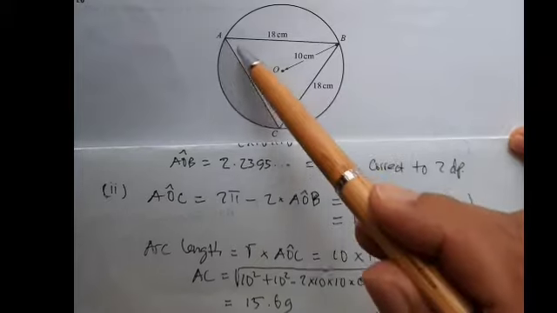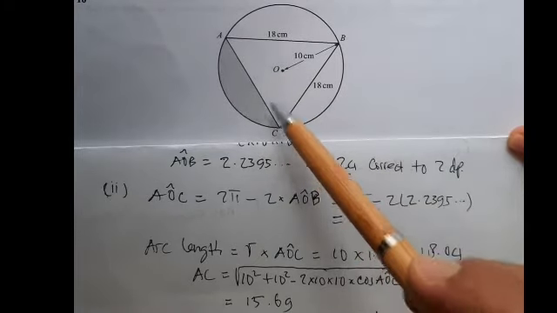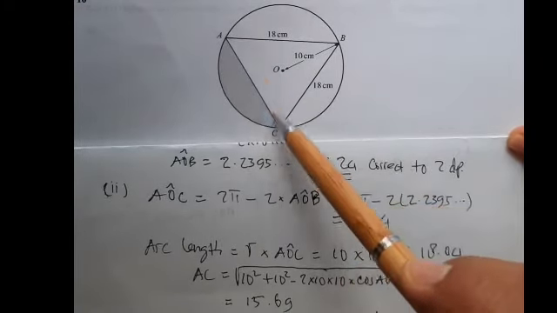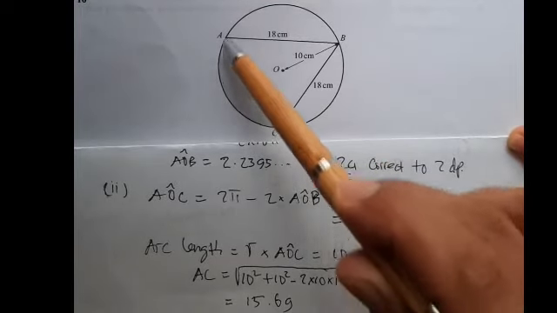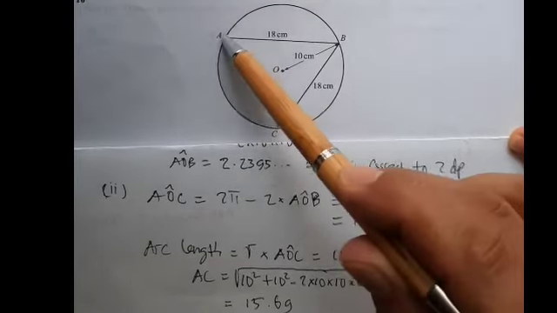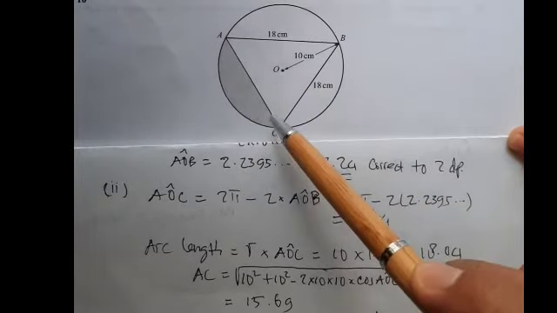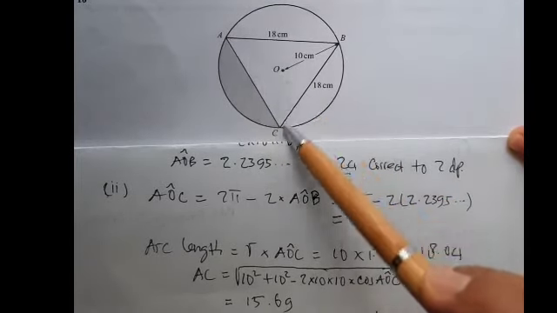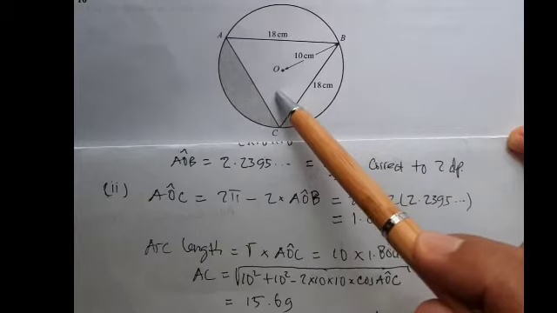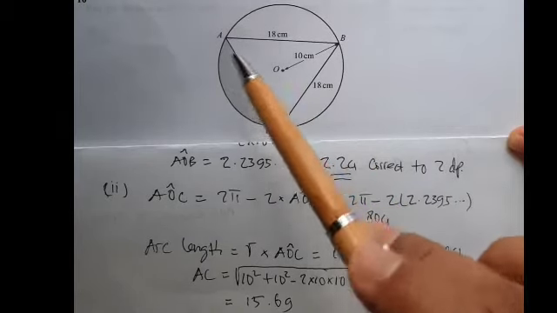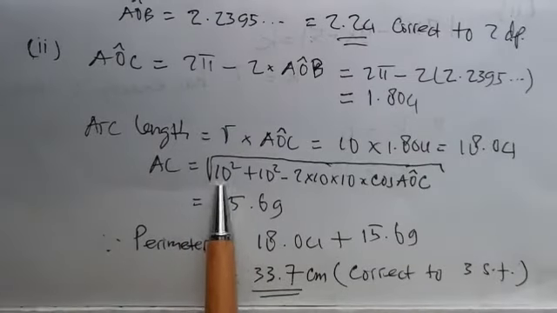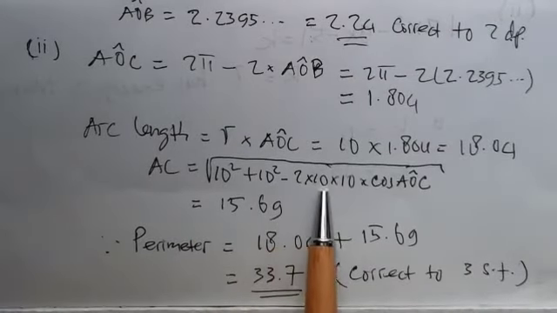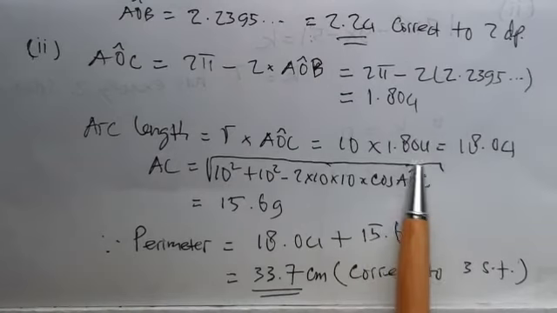Now, to find the length of chord AC, we use the cosine rule in triangle AOC. Thus, AC squared equals 10 squared plus 10 squared minus 2 times 10 times 10 times cosine angle AOC. And then AC is the square root of 10 squared plus 10 squared minus 2 times 10 times 10 times cosine angle AOC.